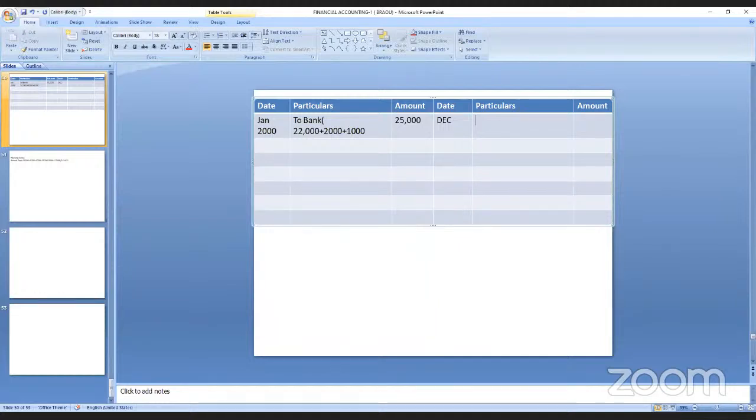In exams, they'll ask to give the percentages. Okay. So in the last, December, by depreciation, how much? What is the depreciation amount?